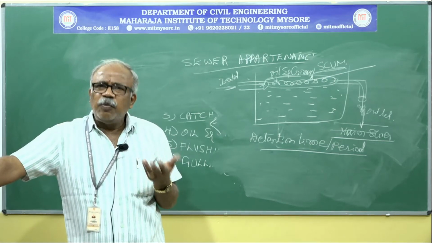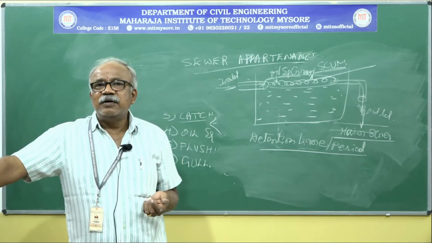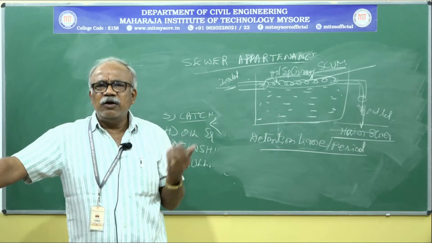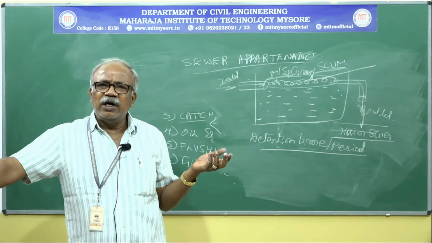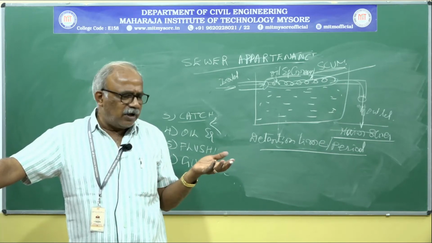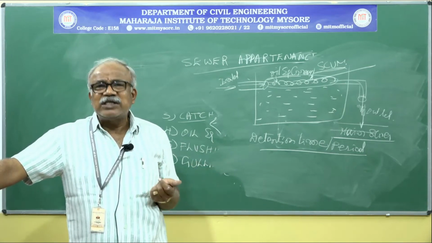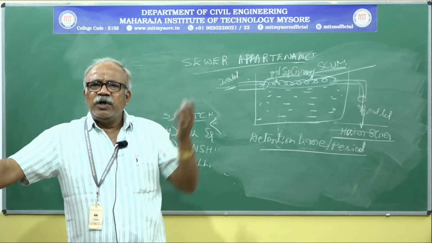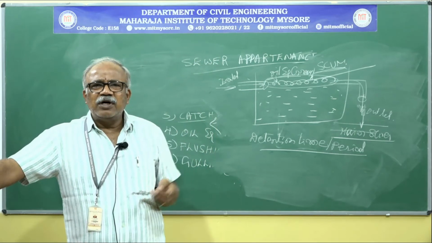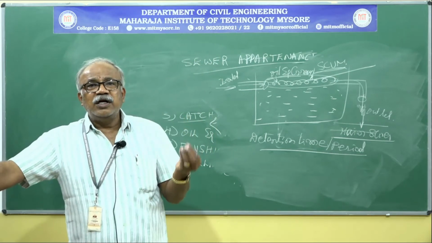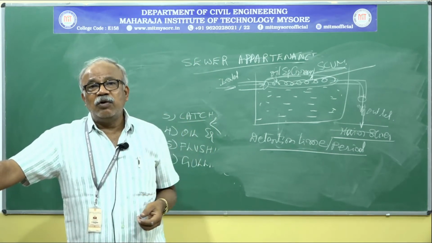I hope all of you know this fact. Normally it is printed in newspapers. Even in some cities, two persons die because they are working or operating in a manhole. Why?